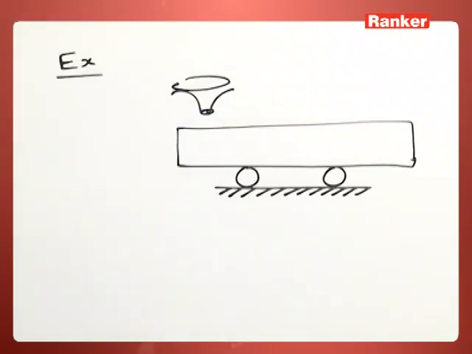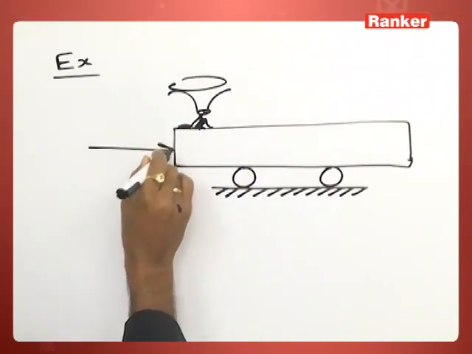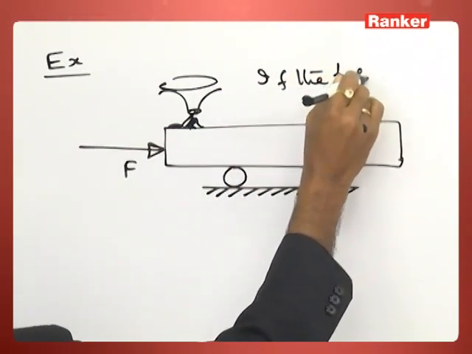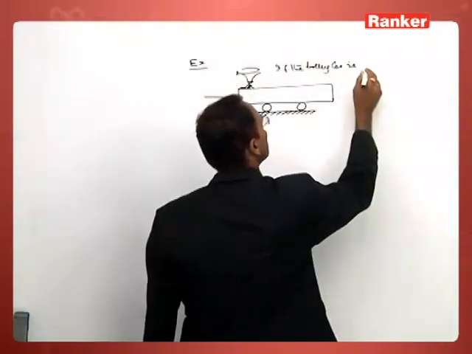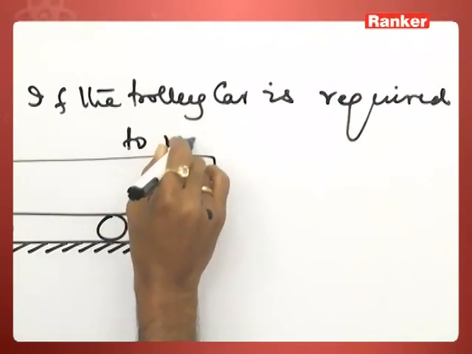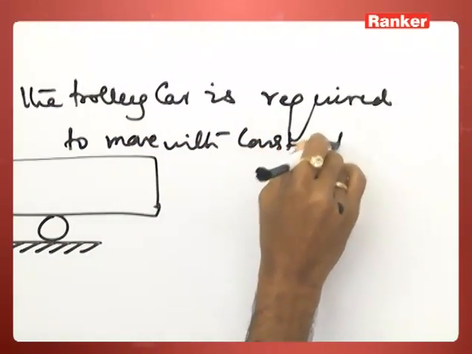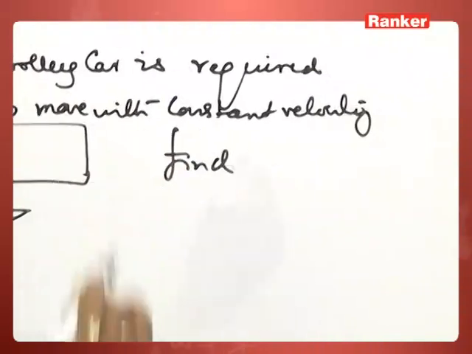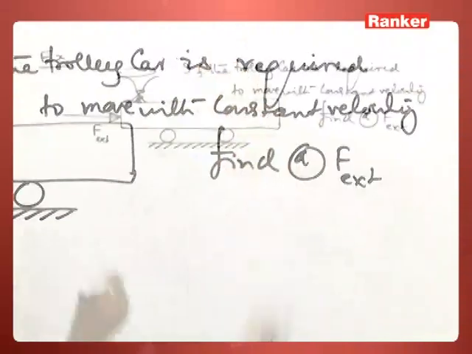Taking the foregoing problem into account, if the trolley car is required to move with constant velocity, find the external force that is equal to F c.